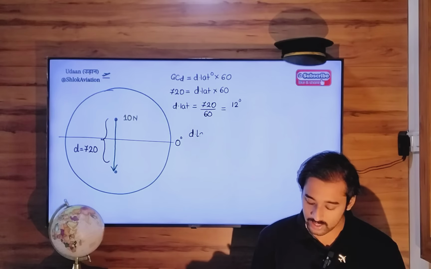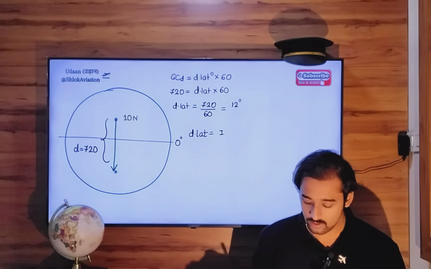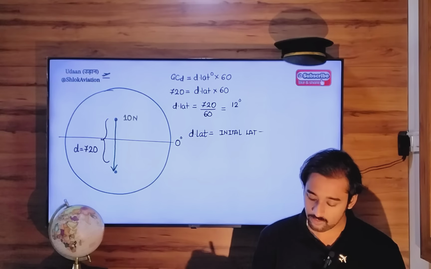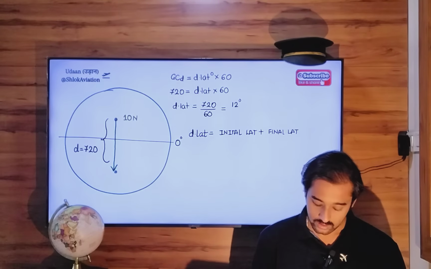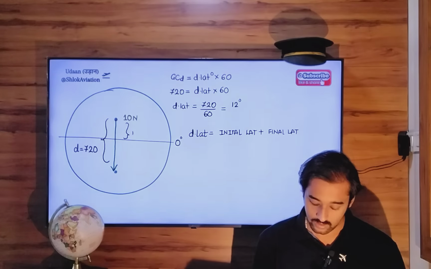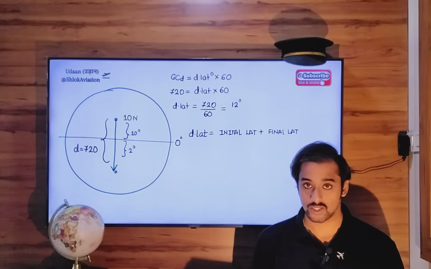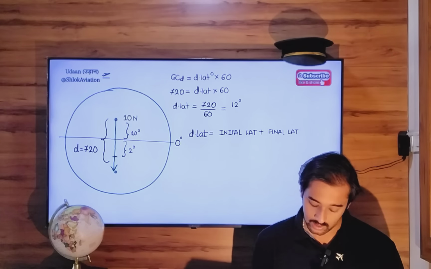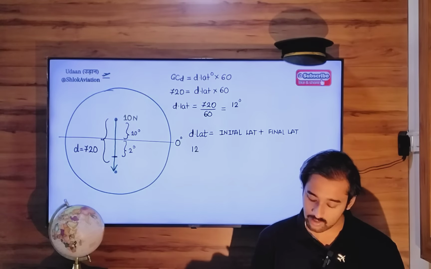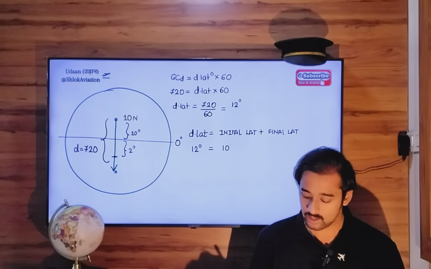So difference between the two latitudes equals initial latitude plus final latitude. This is 10 degree and the remaining 2 degree will be in the southern hemisphere. So this will be the final latitude. So 12 degree equals 10 degree north plus new latitude.